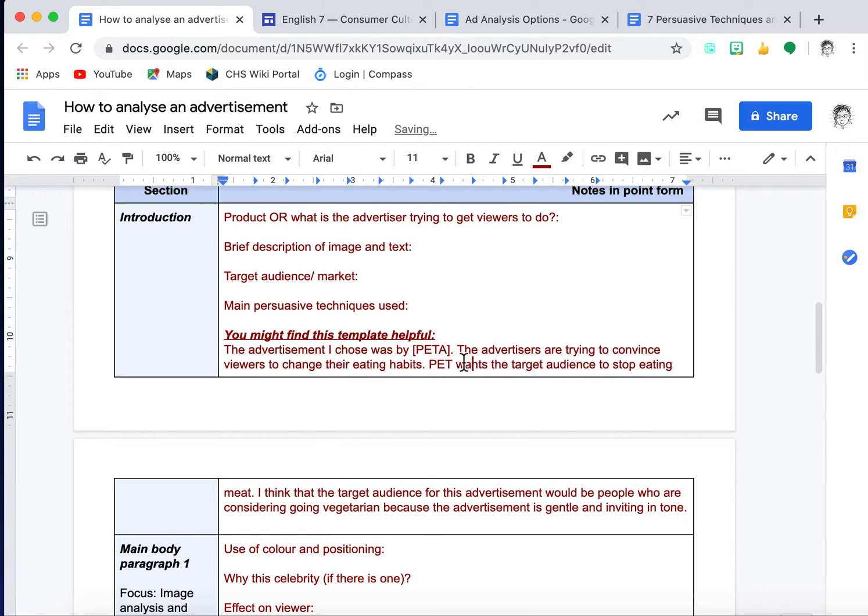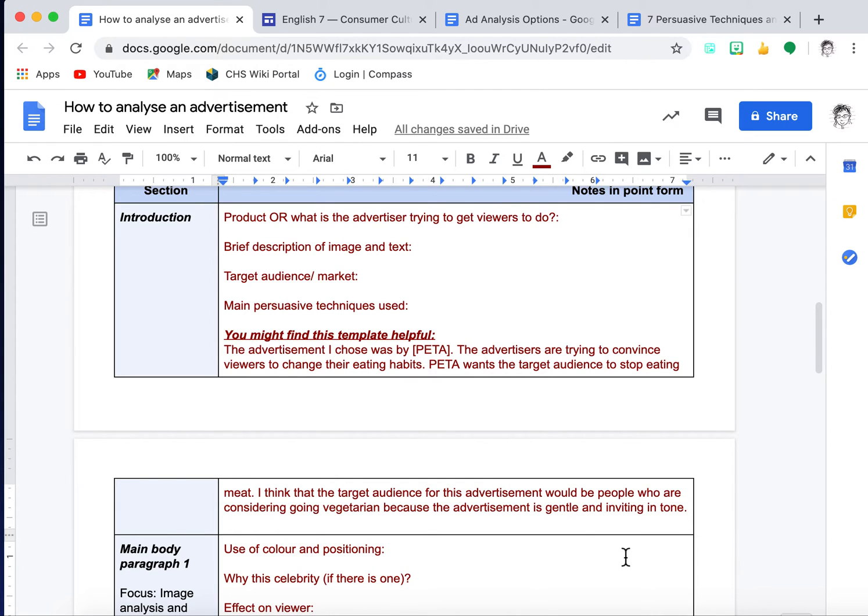Okay. Well, here we go. So now you've got a pretty solid looking introduction here using that template. We haven't, however, included any of the persuasive techniques really, although we have mentioned tone.